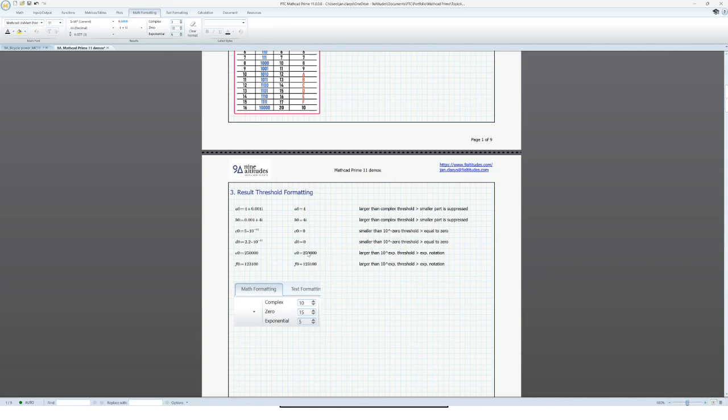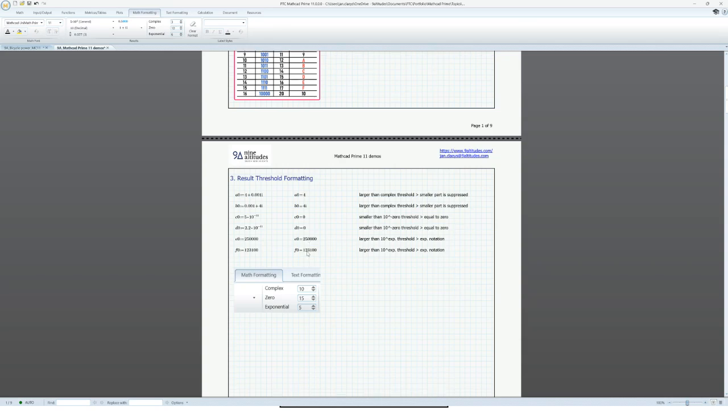And then the last one is the possibility to convert the value to exponential notation. It means if a certain value is bigger than 10 to the power of the value we see over there, it's converted to exponential notation. So in this case, you can understand I have 250,000.